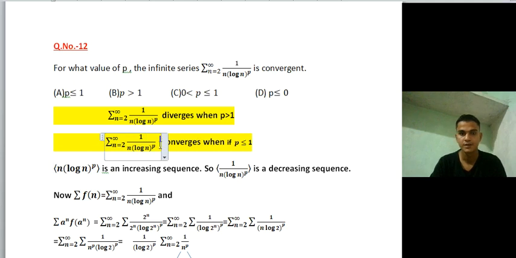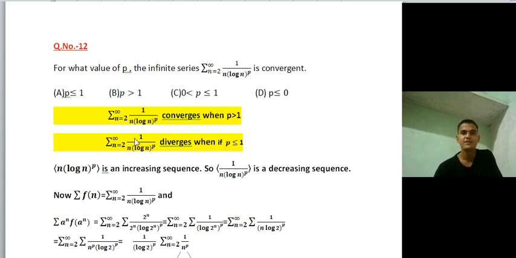Sorry, there is a mistake, I am rectifying. Now it is correct. So this converges when p is greater than 1, and this diverges when p is lesser than or equal to 1.